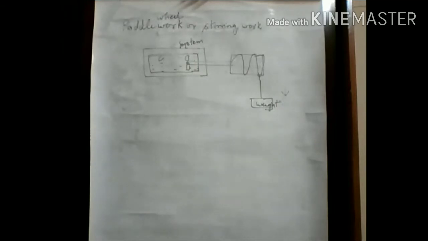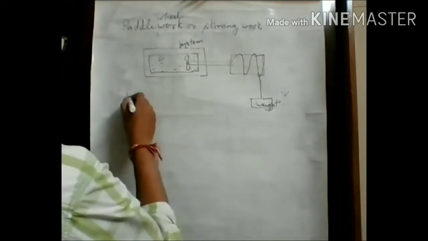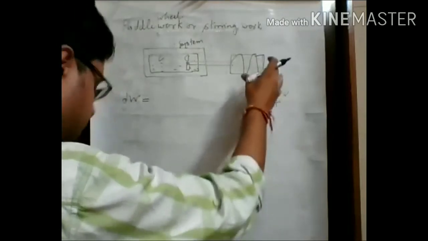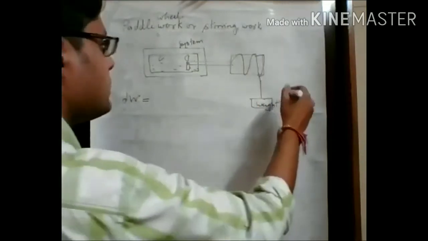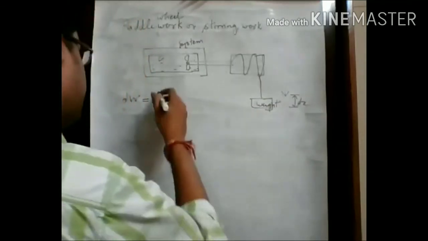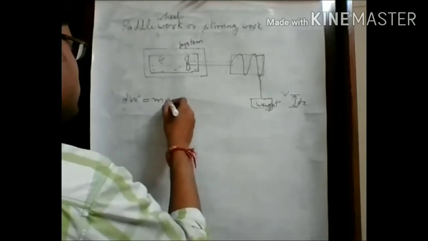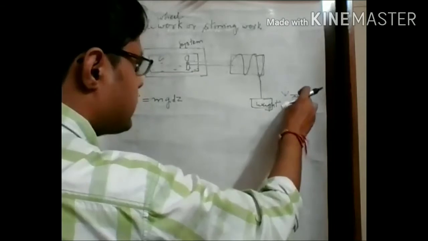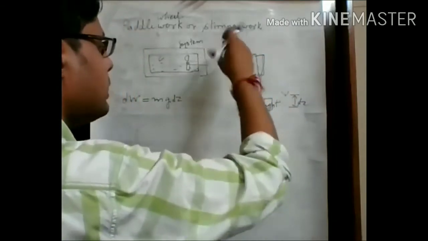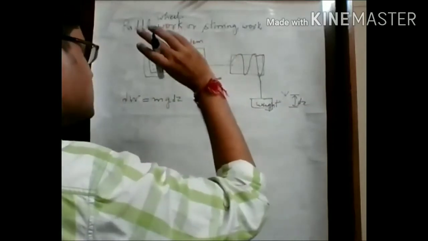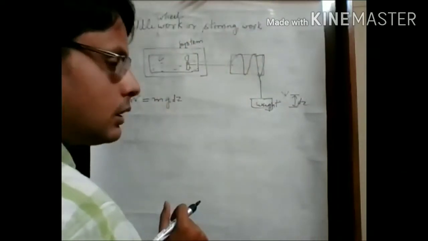Okay. So in which manner do we calculate this work? See, if there is some work dW, that is equal to the change in potential energy of this weight. So if this is moving from that point to that point, some dz, we can write dW equal to mg dz, because due to the motion of this weight through height dz, this paddle is moving, this linear motion is converting into rotational motion, and this paddle is working inside the system.